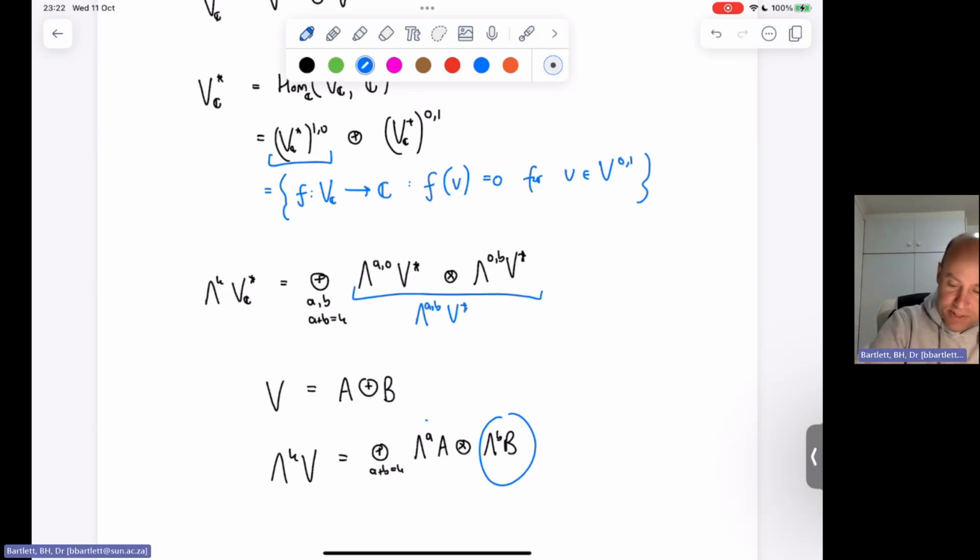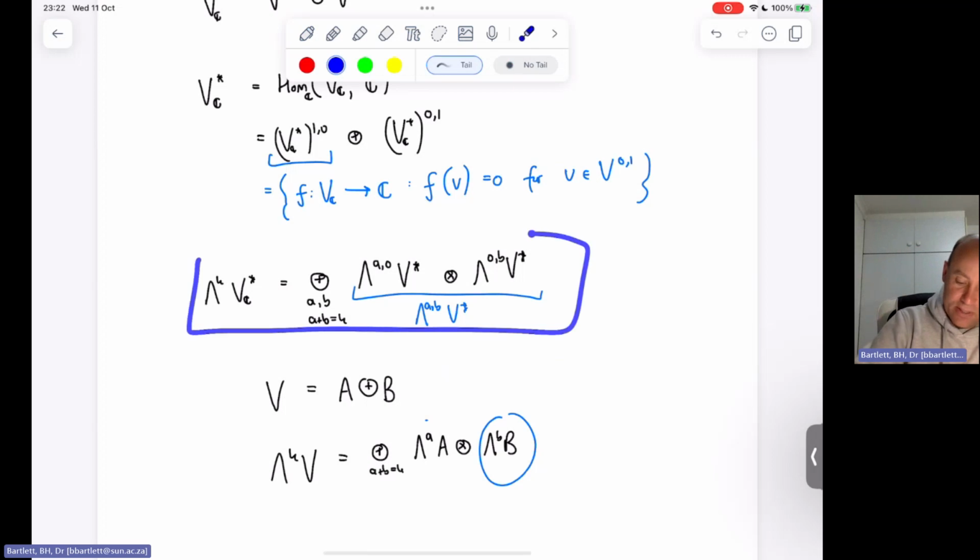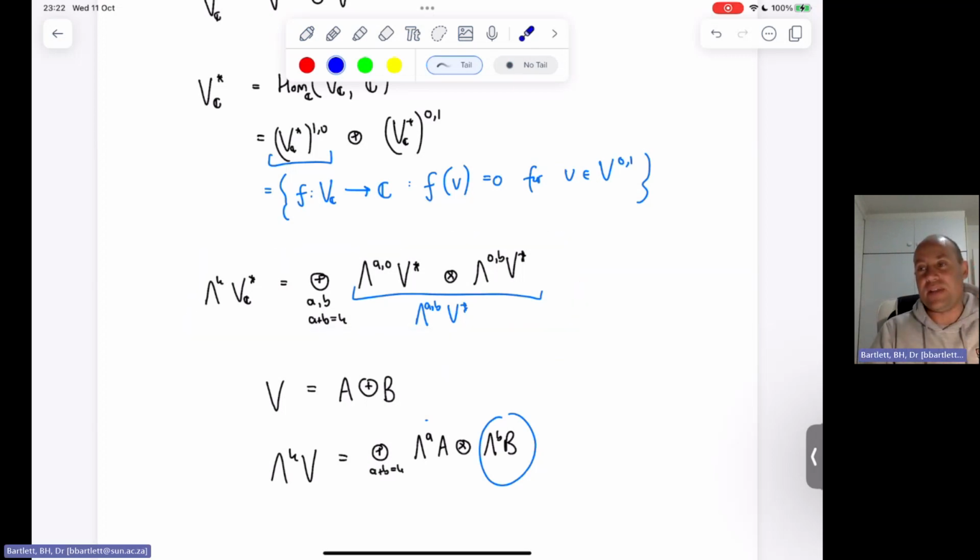Okay. So if this equation here holds on any vector space, that means it will hold on the tangent spaces of a complex manifold, right?